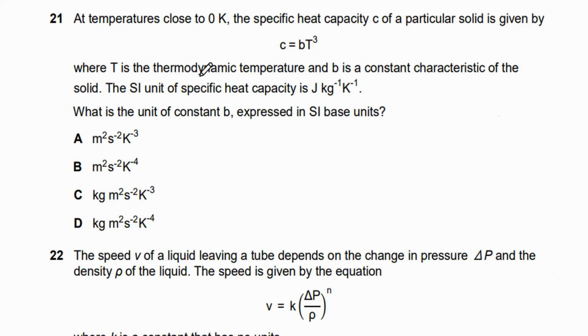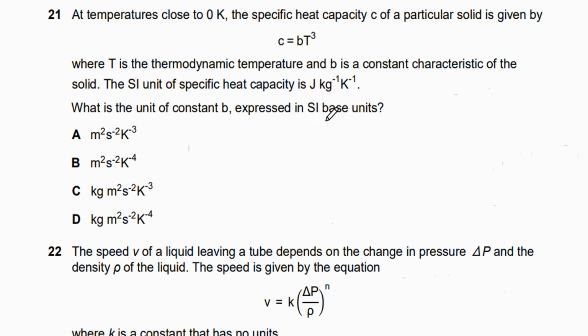Now, the thermodynamic temperature is the same as the absolute temperature, which is measured in Kelvin. And B is a constant characteristic of the solid. The SI unit of specific heat capacity is joules per kilogram per Kelvin. What is the unit of constant B expressed in SI base units?